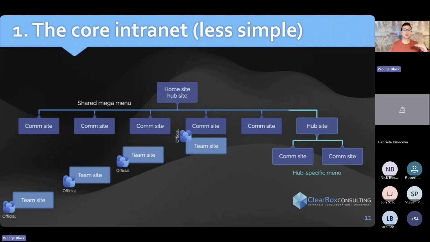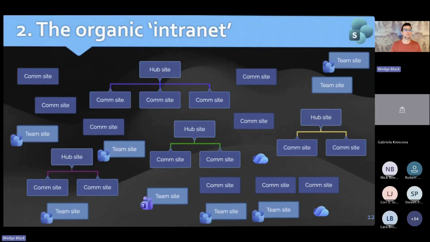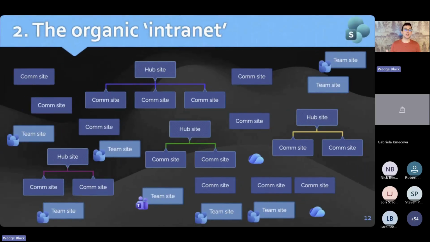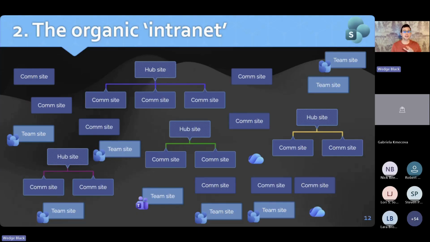Going down to level 2 of the Wild West intranet now. So this is the Wild West. It's the organic intranet. Overwhelming, isn't it? This is how SharePoint is experienced when there isn't a recognizable core intranet with a single intranet-wide mega menu. If you look around this confusing slide, each of those hub sites provides its own menu, and that might be great.